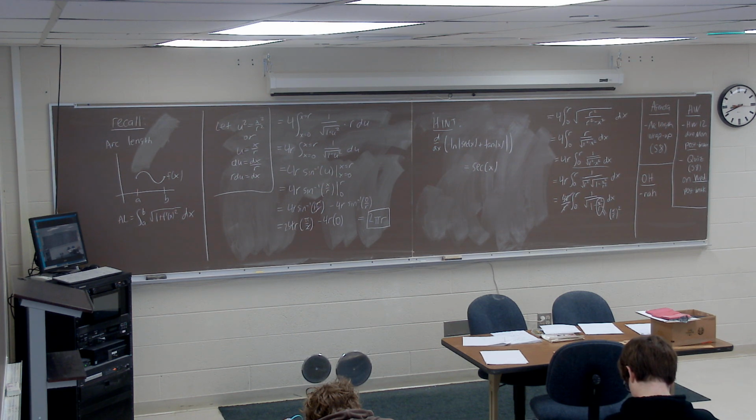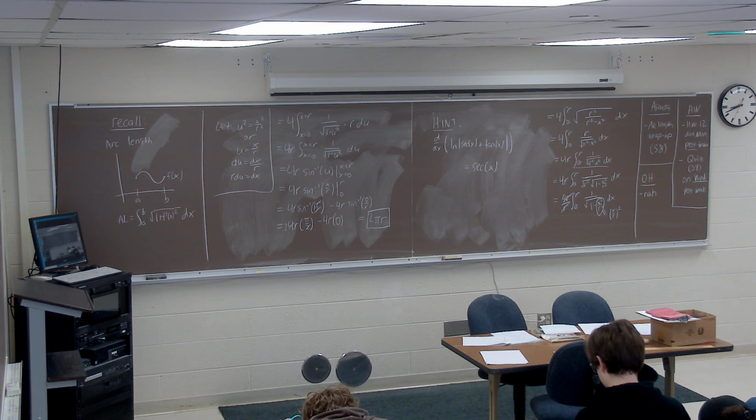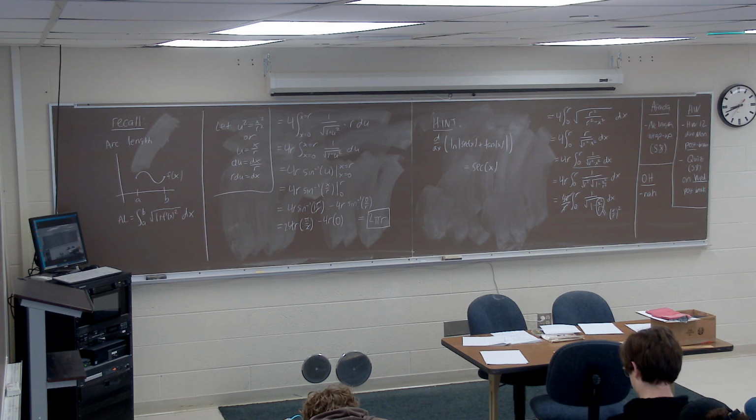Tangent of pi over 3. What did you choose? That's the derivative of cosine. Tangent of pi over 3. I think secant of pi over 3 comes out to... Oh, that's why.